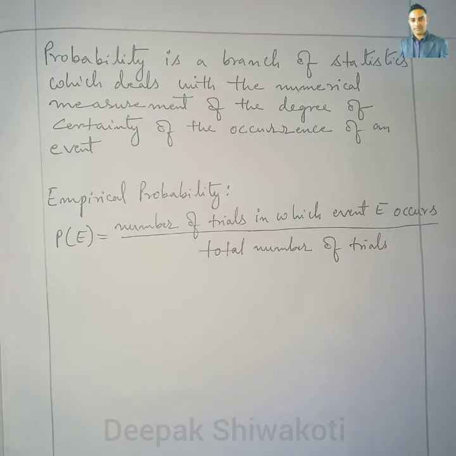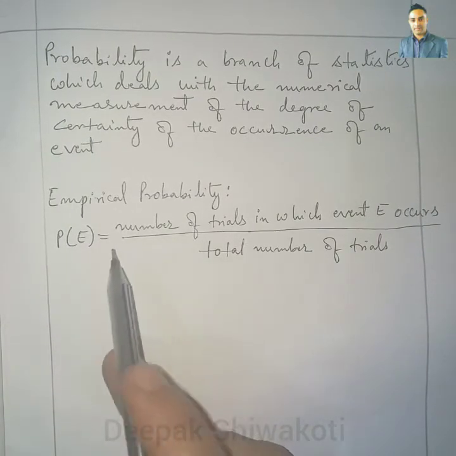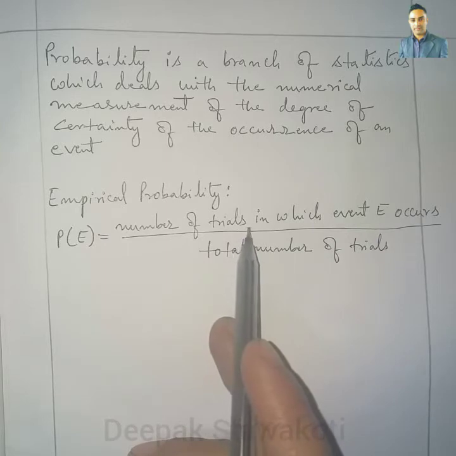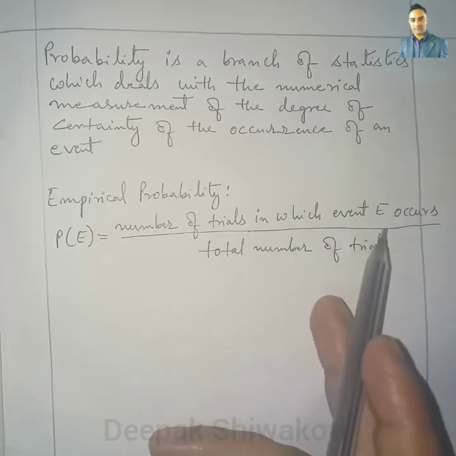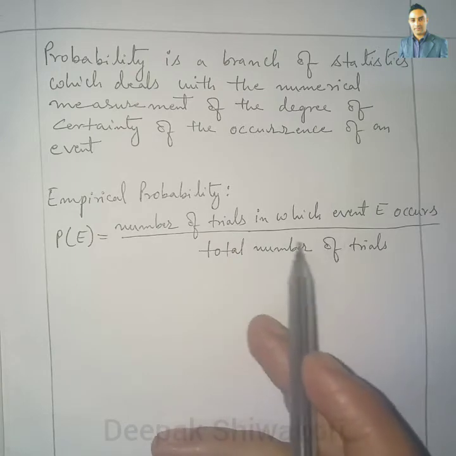We need to know one formula, that is empirical probability. So here P stands for probability, E stands for event. P(E) is given by number of trials in which event E occurs by total number of trials. So this we will use in our exercises, okay?